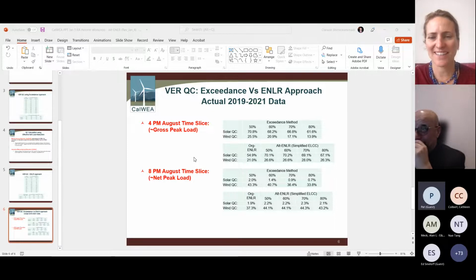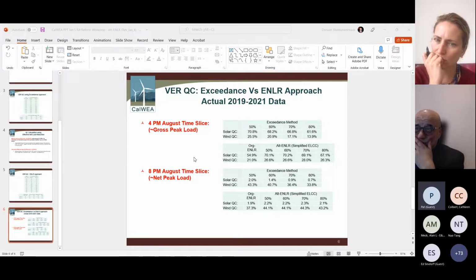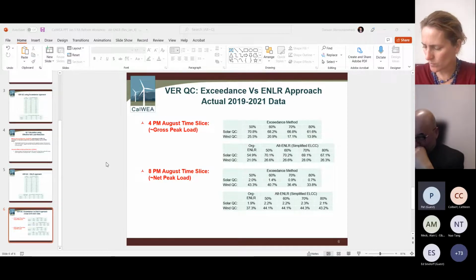Dariush, thanks for this. I really appreciate the thinking that's gone into this. My question is, let's move away from the two-slice proposal for a second and think about the SCE 24-slice approach. The way it's set up, load is already there. So isn't ENLR in a sense double counting?